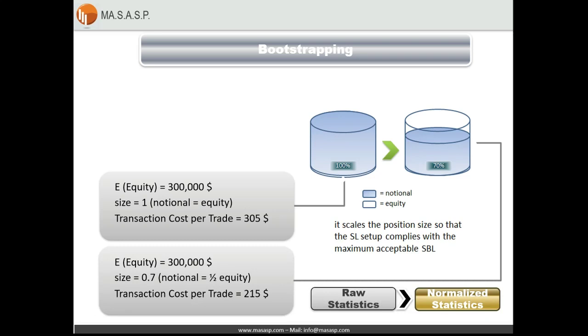The normalization process takes that into account by considering all trades as if they were full-size trades. This adjustment returns an expectancy value which can be compared against the transaction cost in basis points.